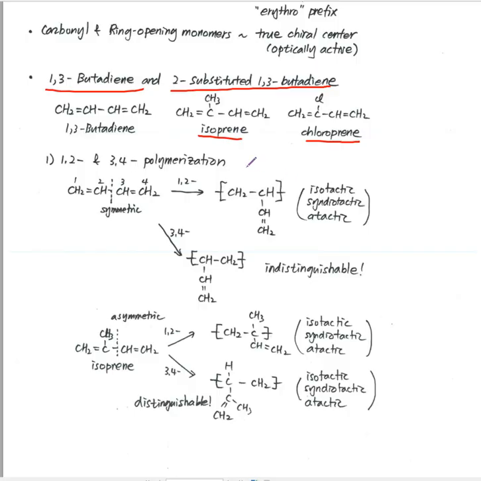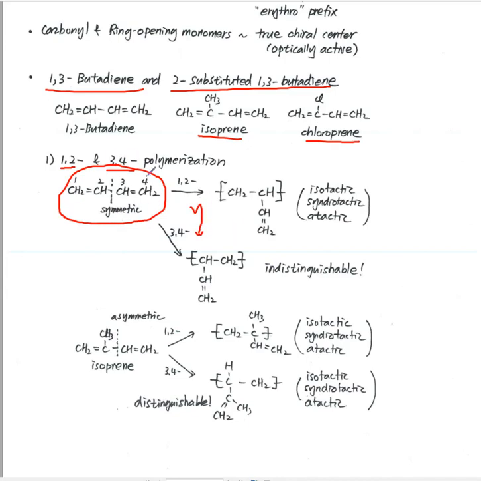For example, if you consider the synthesis of polybutadiene from 1,3-butadiene, 1,2 or 3,4 polymerization basically generates the same polymers, right?